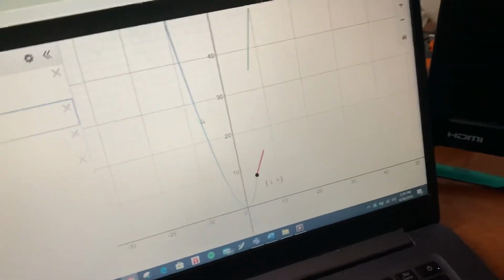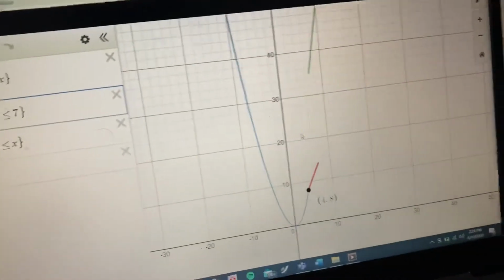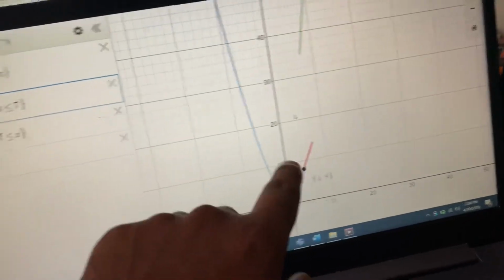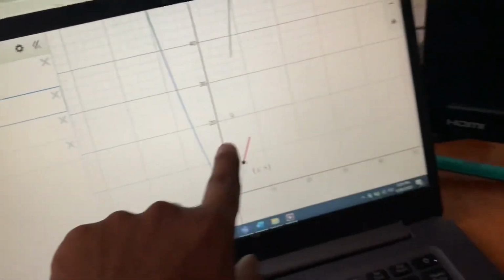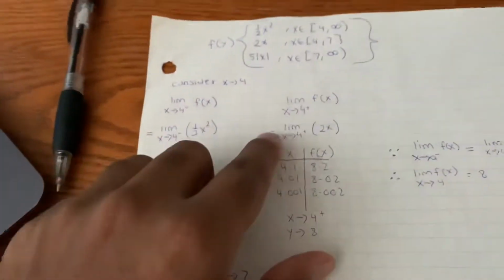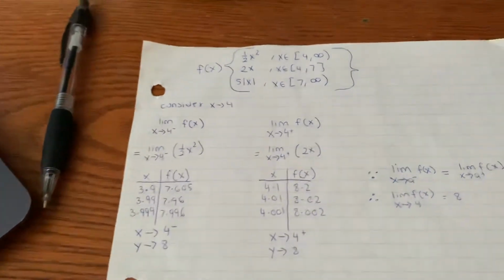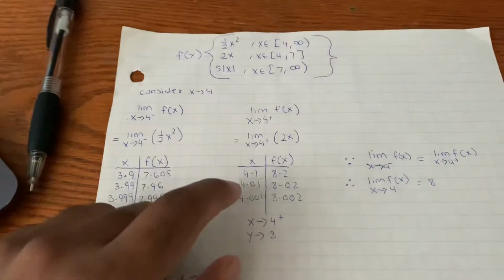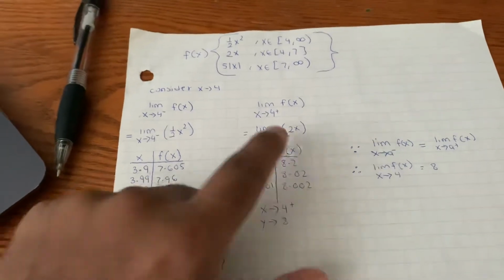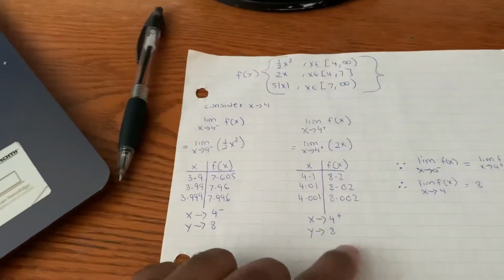And from the right side, what approaches 4 from the right side of the function as a whole is the linear function. So for the limit from the right side, when x is approaching 4 from the right, I used the linear function equation, and I also got 8.